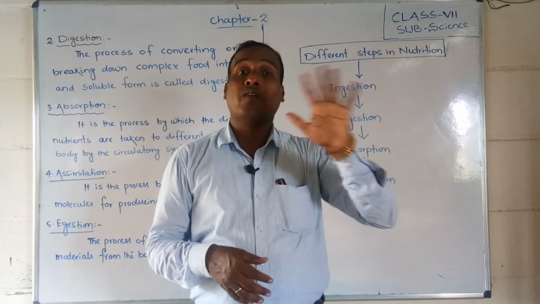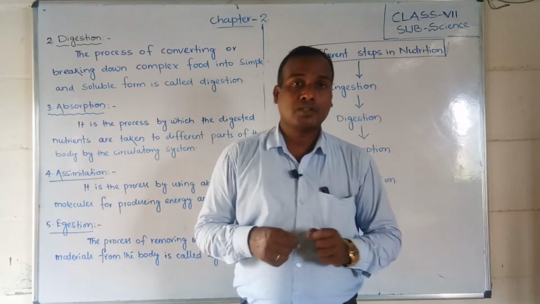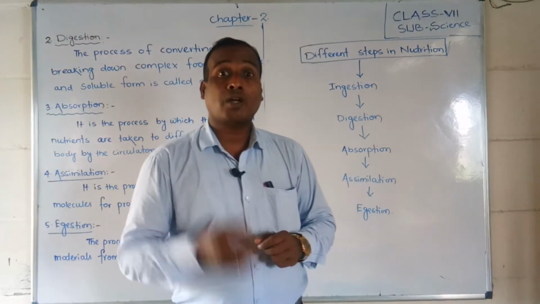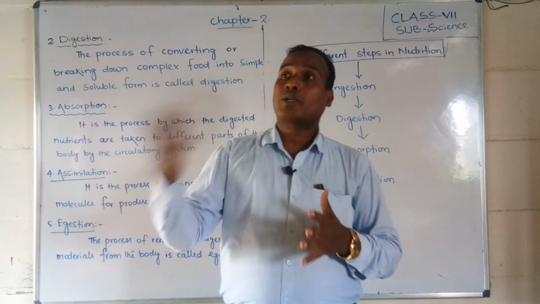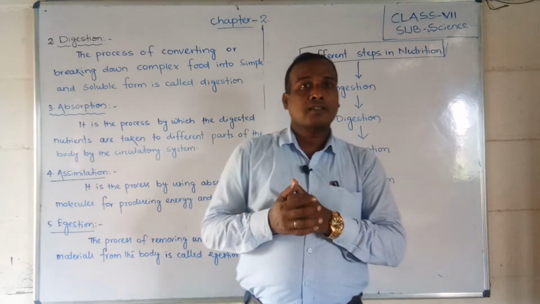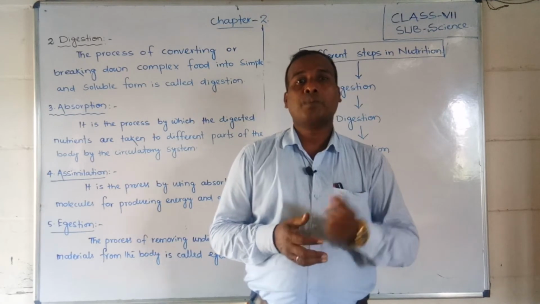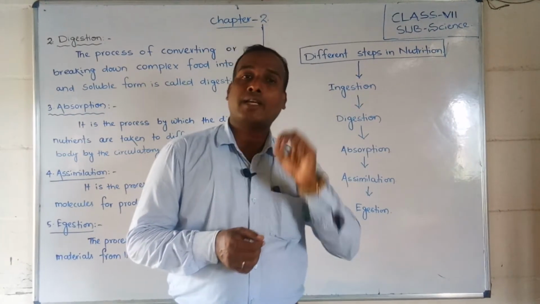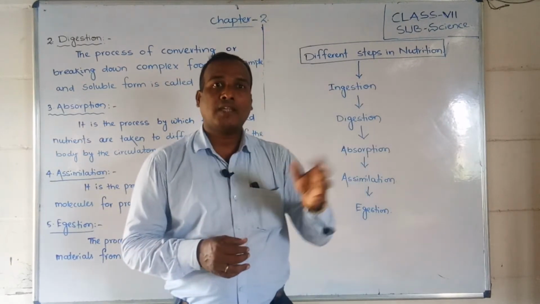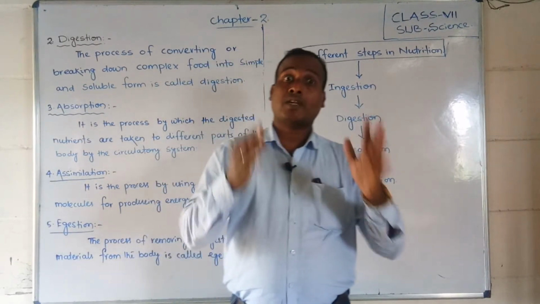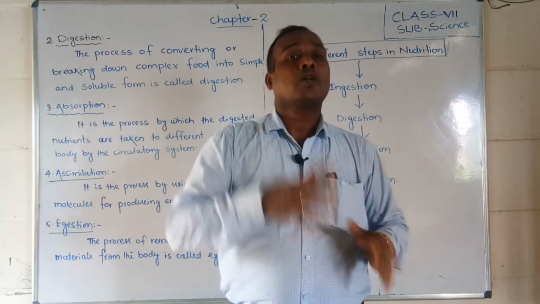There are 7 components we get from food, which are essential for the body's growth and functioning, and for protection from diseases. They are carbohydrates, fats, proteins, vitamins, minerals, roughage, and water. These are the 7 nutrients we get from food.